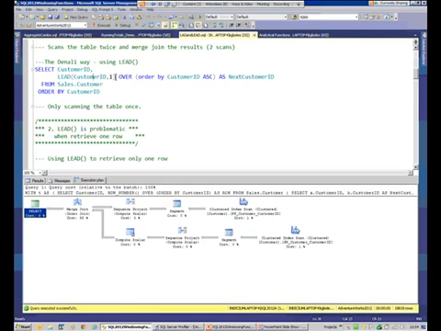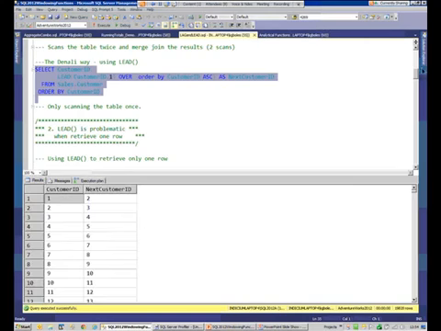Lead, customer ID, 1, no default specified. Over, order by, as next customer ID. That's really straightforward. Answers look right.